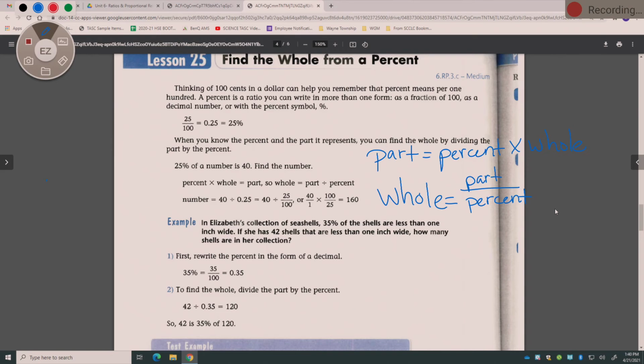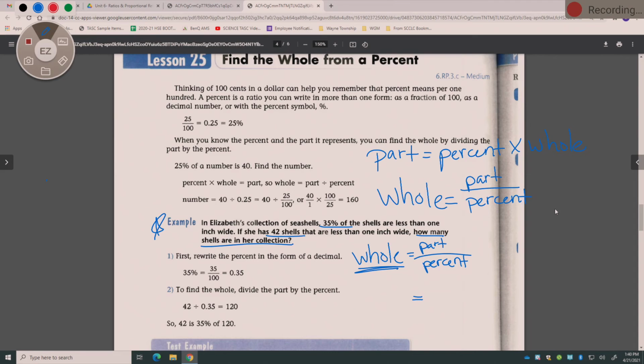Okay, so in this example, in Elizabeth's collection of seashells, 35% of the shells are less than 1 inch wide. If she has 42 shells that are less than 1 inch wide, how many shells are in her whole collection? So we're looking at whole equals part divided by percent. This is what we're trying to find.